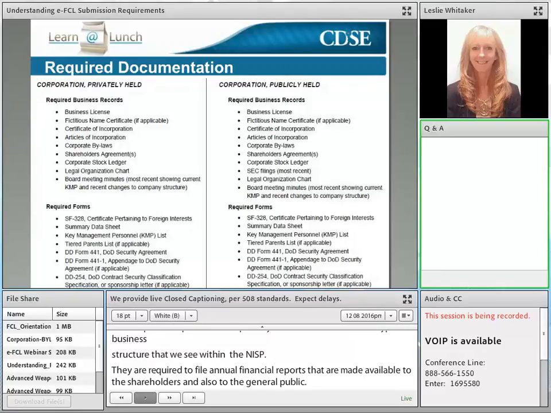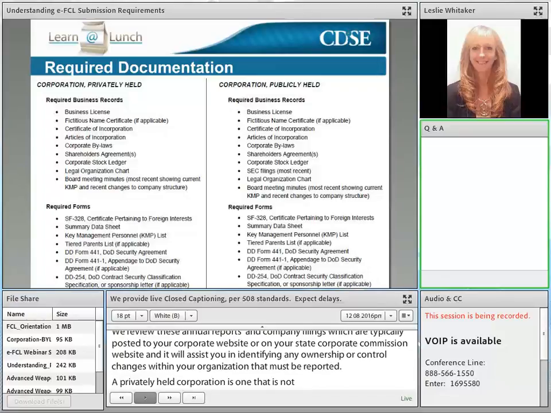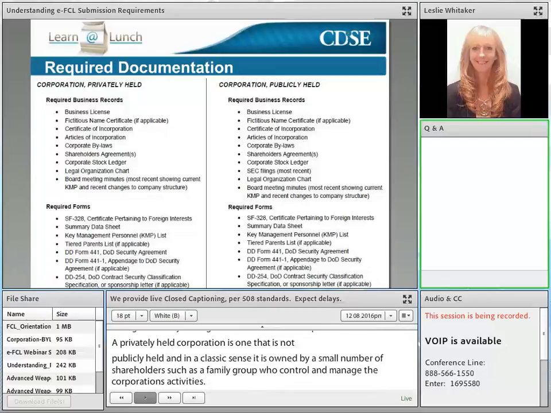In the classic sense, it's owned by a small number of shareholders, such as a family group, who control and manage the corporation's activities. For private corporations, corporate stock ledgers must be uploaded into your eFCL package so we can determine who owns the corporate stock.